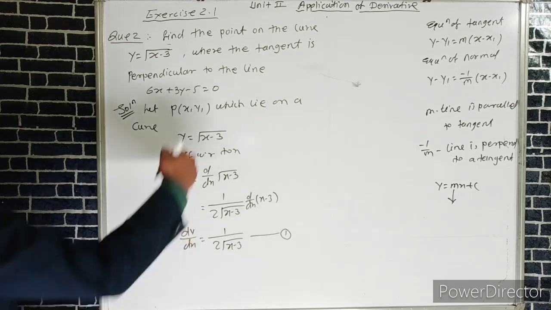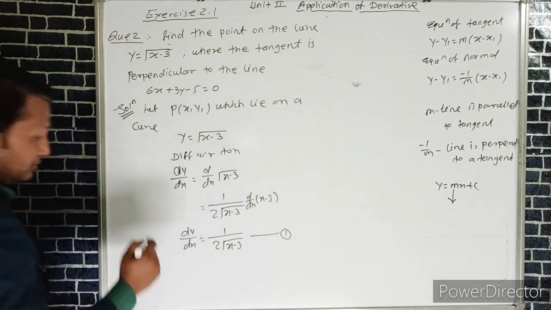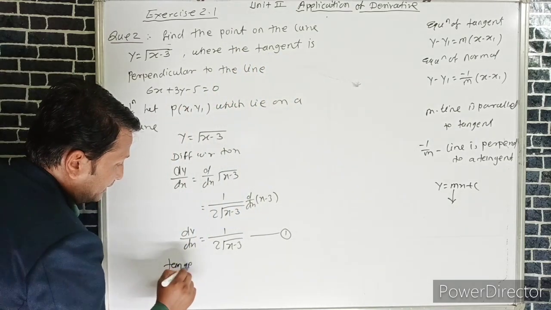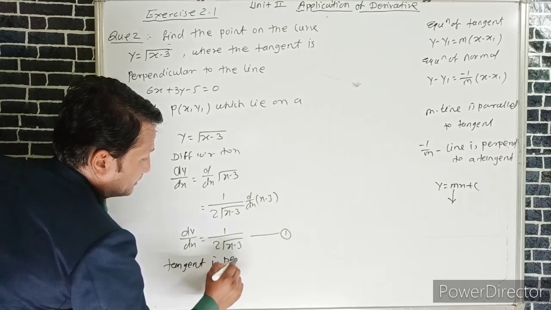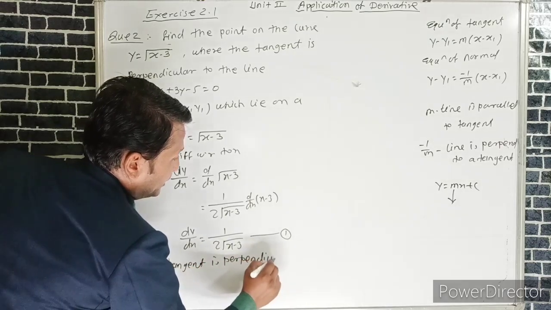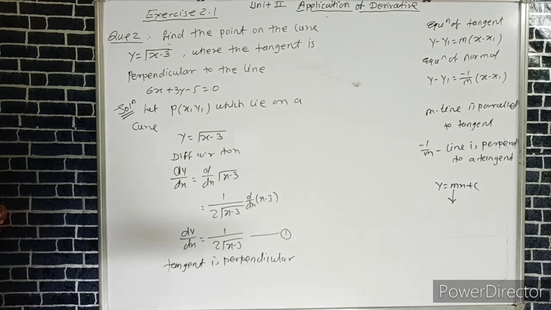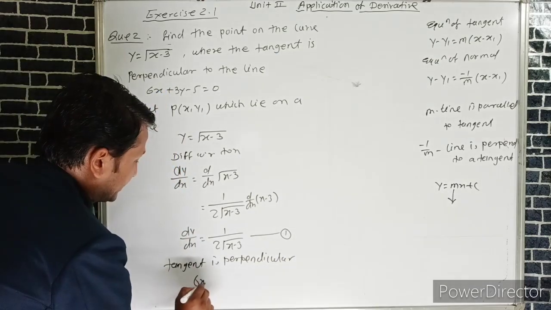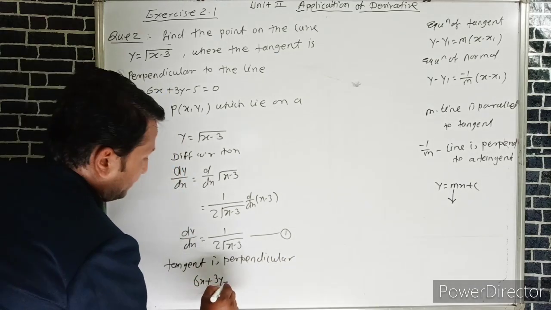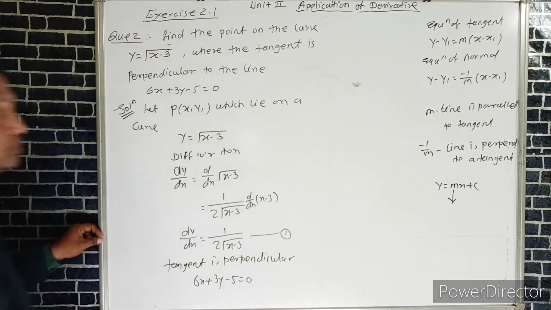Now again we know that the tangent is perpendicular to the line 6x plus 3y minus 5 equals 0.